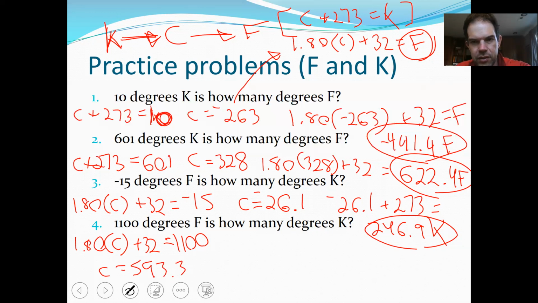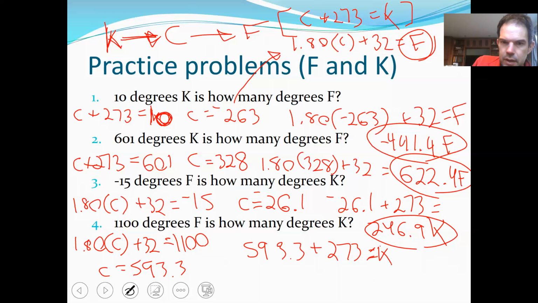Okay, so it's going to be 593.3, plus 273. It's going to equal Kelvin, right? So let's go 593.3 plus 273.